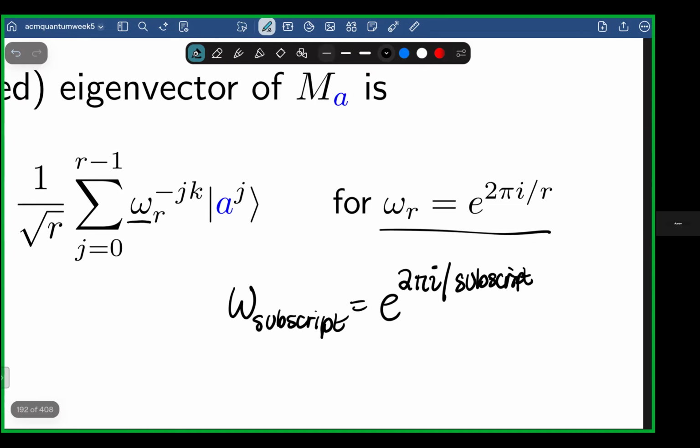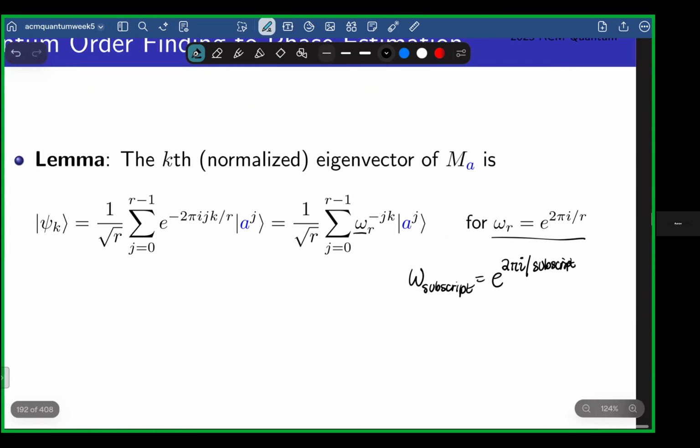Complex numbers will allow these vectors to be normalized. We'll go over that when we define phase estimation, but for now, in quantum in general, complex numbers exist and you just treat them like regular numbers, because your states live in a complex space.